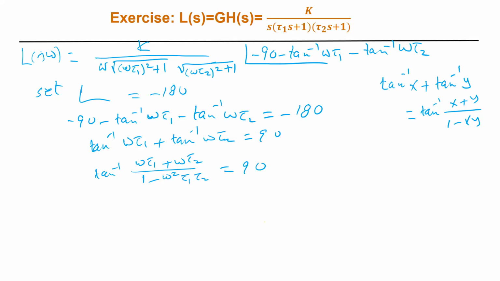Excellent. Now, tan 90 is infinity, so when will that happen? When 1 minus omega square tau 1 tau 2 is 0.